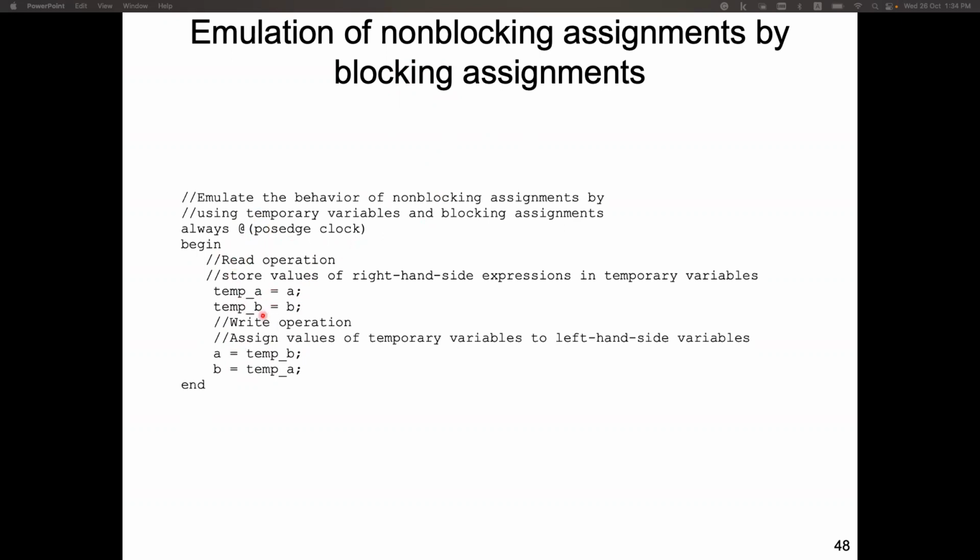The purpose is the same, to swap register content A and B. Here A and B are first stored in some temporary registers at the rising edge of the clock. And then the temporary registers are written into A and B.